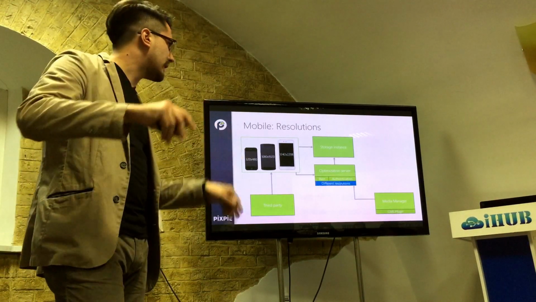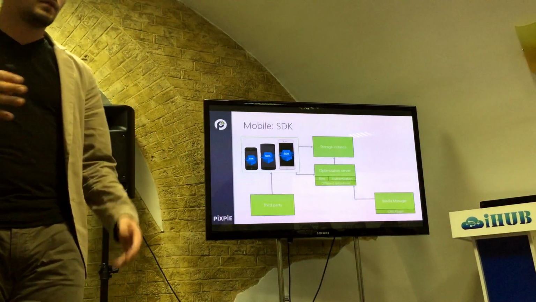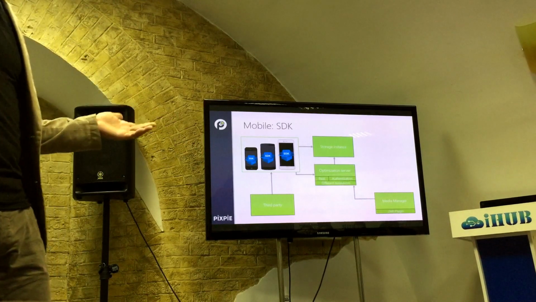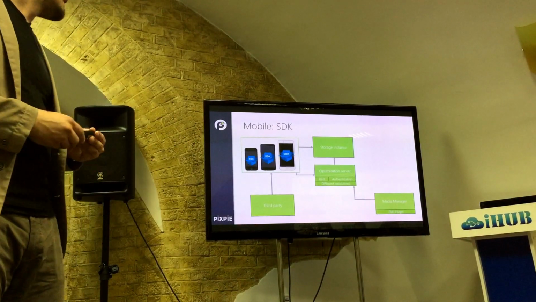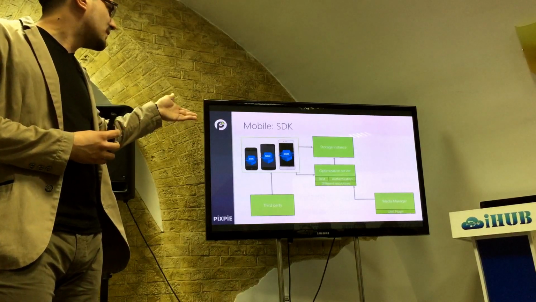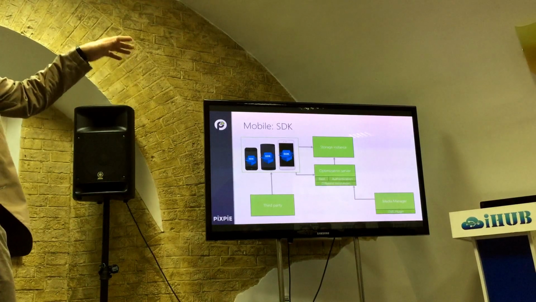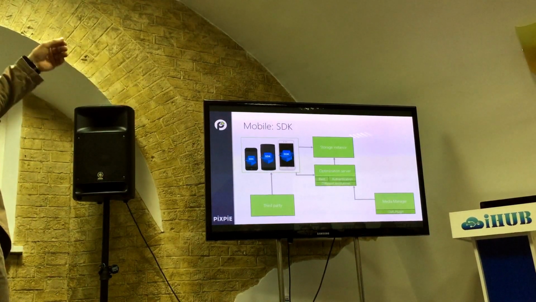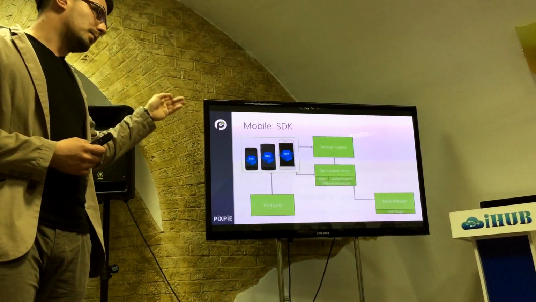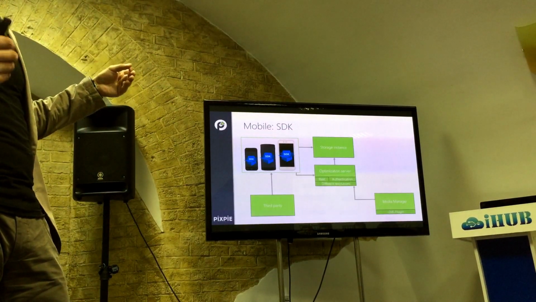From the mobile perspective, I call this thing just an SDK, software development kit, that can get your media files from the storage instance, and that understands what exactly image you want to download and show your user.